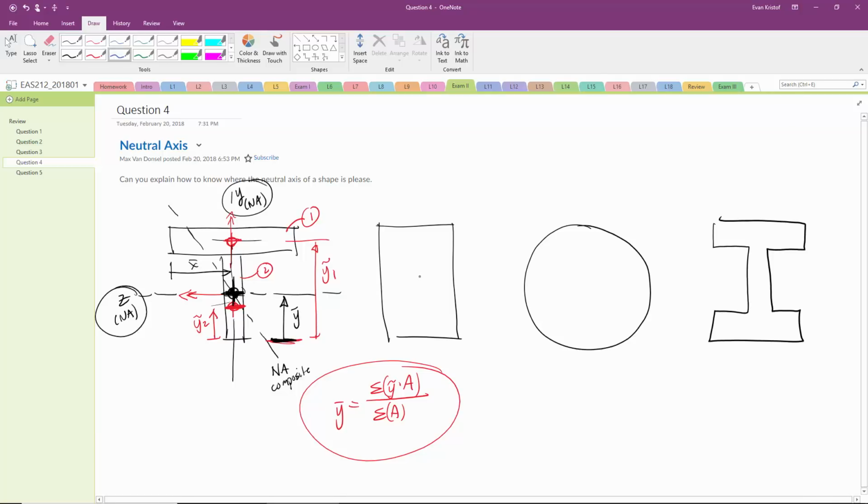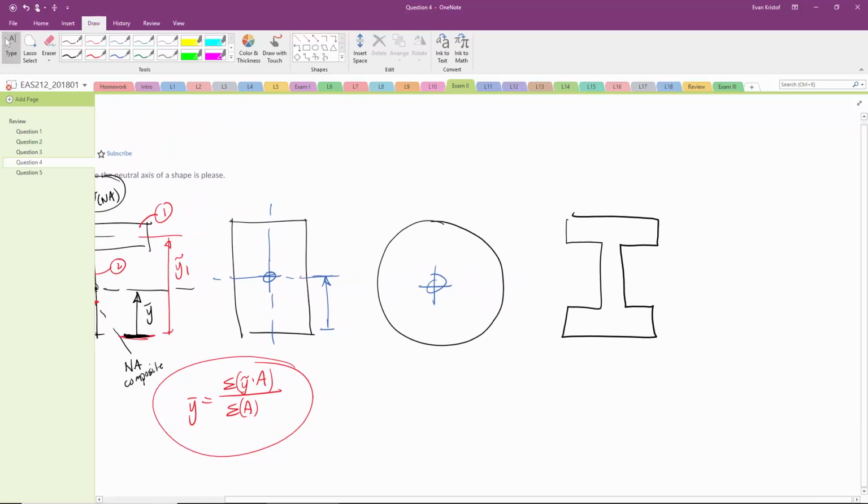All of these other shapes are pretty simple to figure out where the neutral axis is, and we traditionally measure the distance from the bottom of the shape to the neutral axis, but you could measure it from the top, wherever else you want. And so all of these are relatively simple to find the location of the centroids.